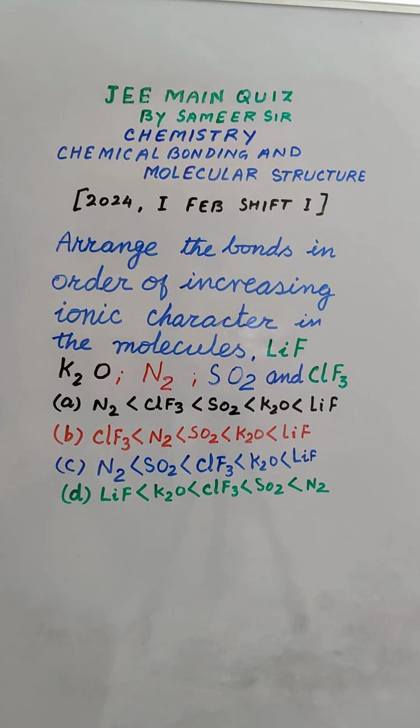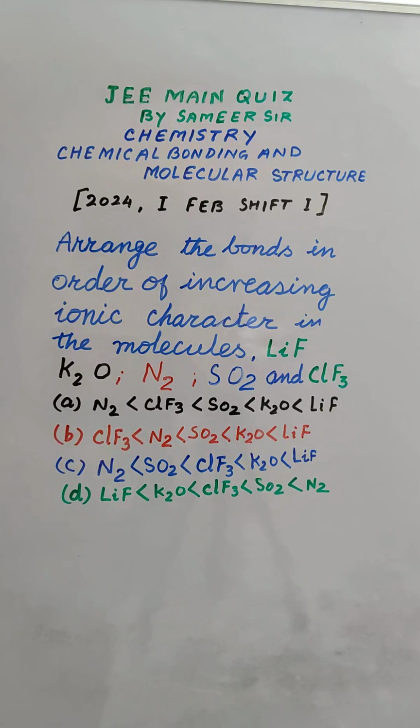In option C, LiF, K2O, ClF3, SO2 and N2. So this way increasing order will be, and in D, N2 is the most ionic, thereafter SO2, thereafter ClF3, K2O and then LiF.